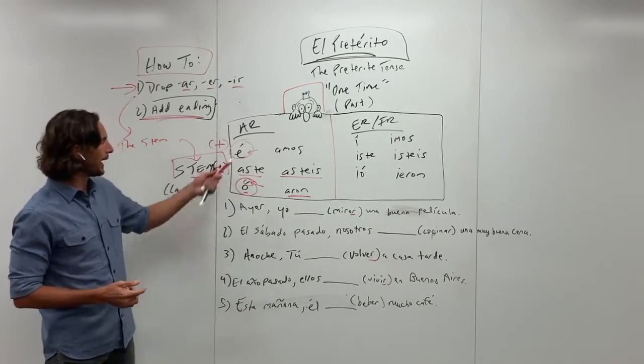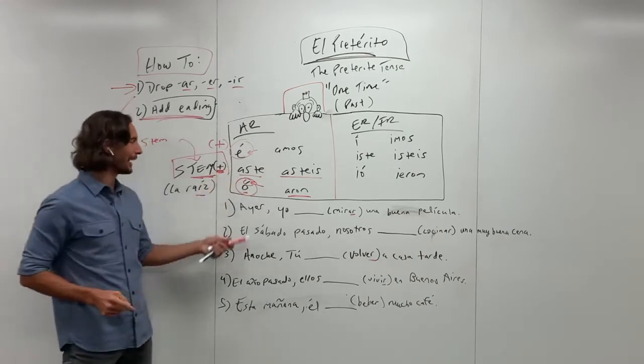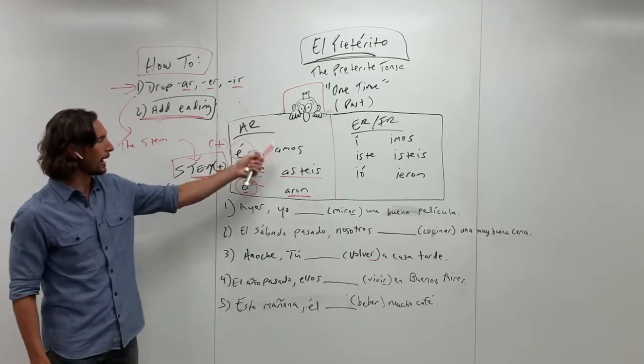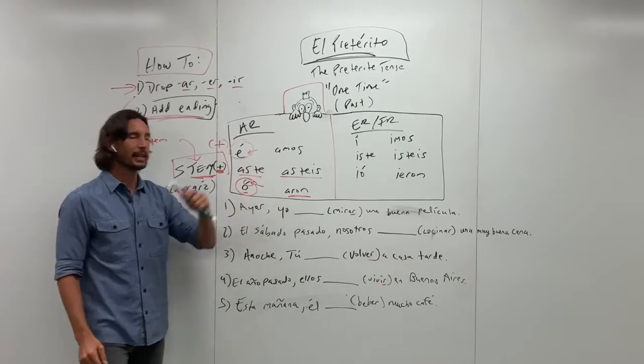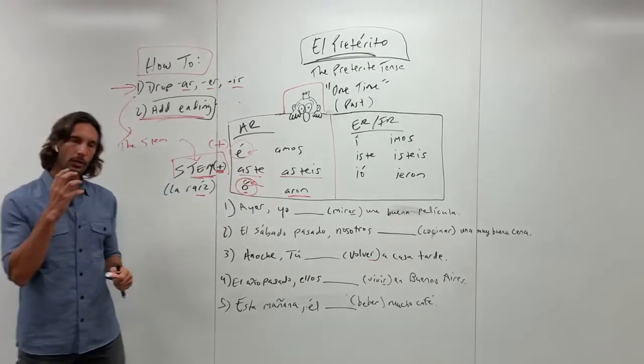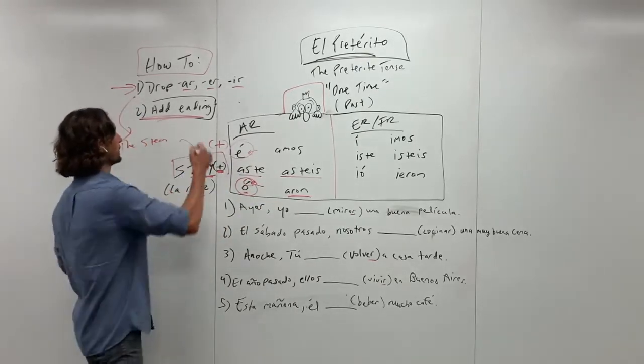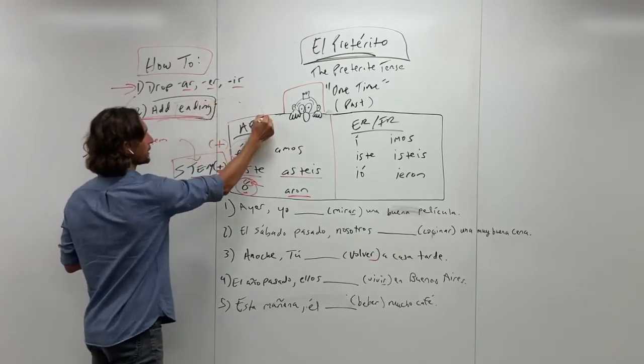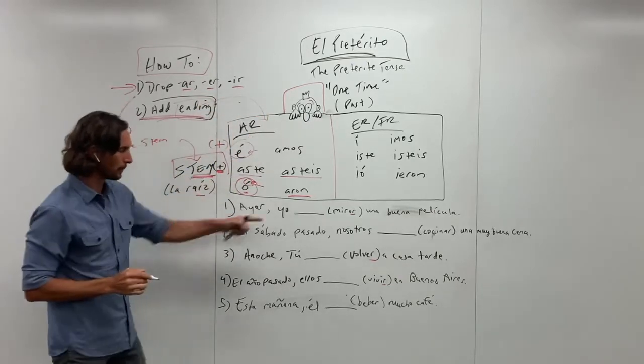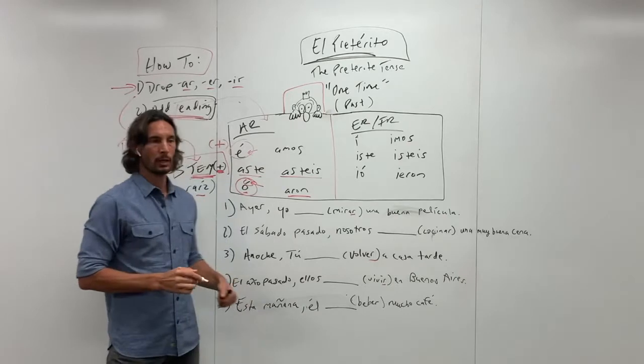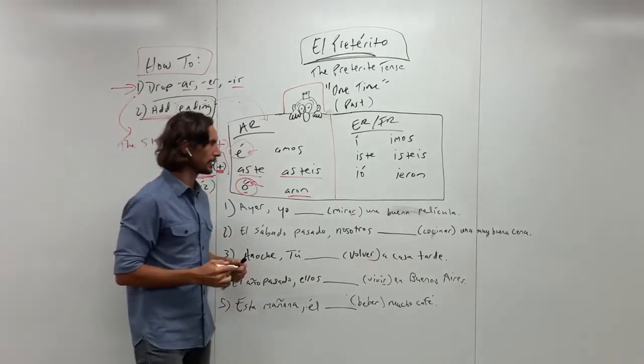So again: é, aste, ó, amos, asteis, and aron. Those are what we call the endings, and we'll take these endings and attach them to the stem. We'll take a look at that down here when we do some practice sentences.